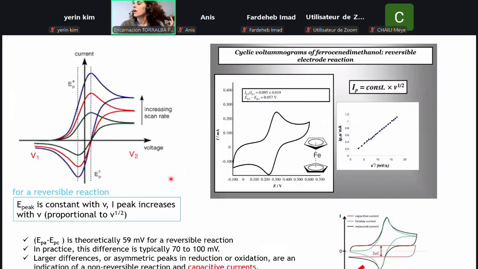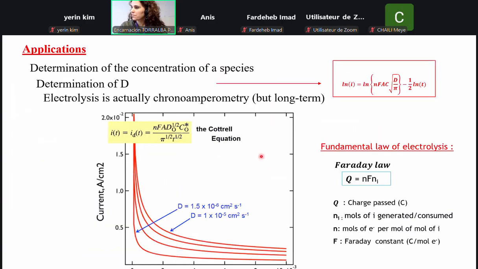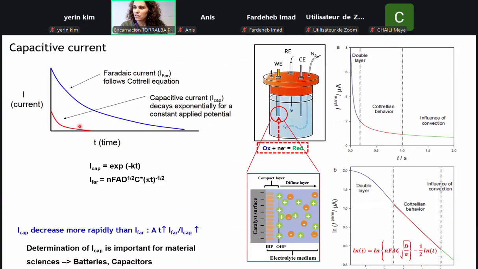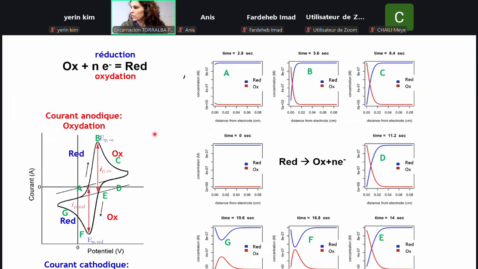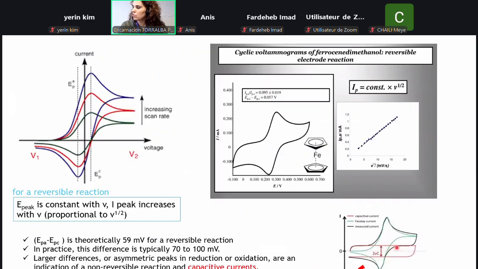Yes, the capacitive current in this kind of cyclic voltammogram, when you have a system that is porous or something that behaves a little bit like a capacitor. Here it's not like that. Here what we have is a distortion like that. So instead of having a thin peak, we have this kind of potato.